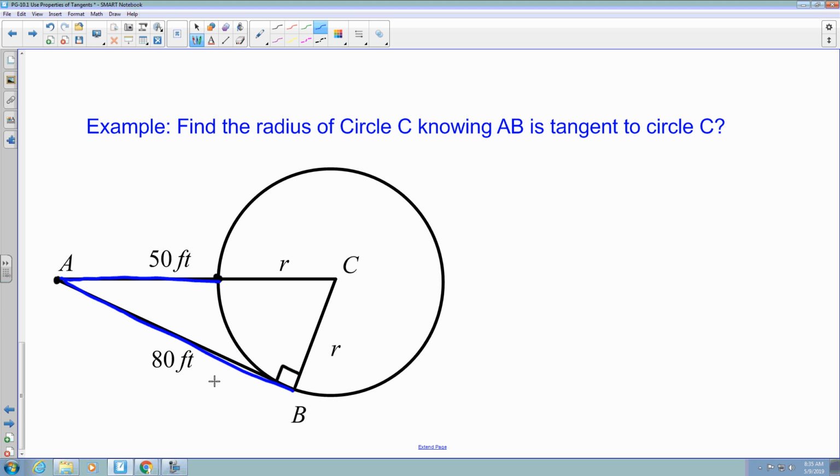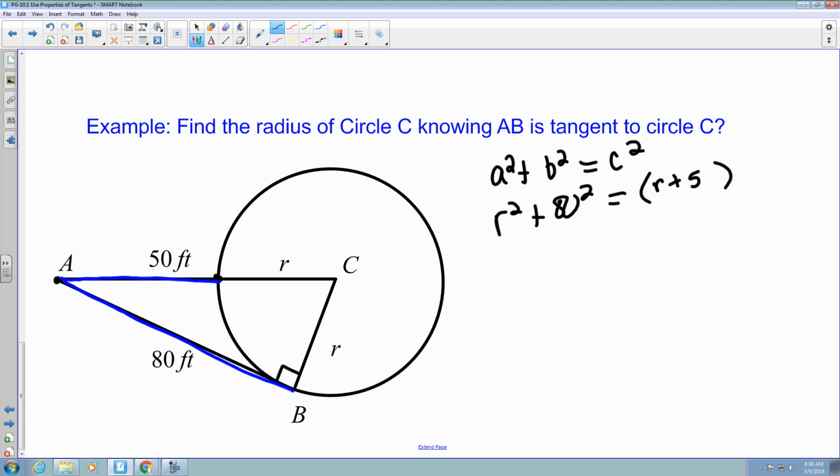So again, implementing the Pythagorean theorem, we could say R squared plus 80 squared is going to be equal to R plus 50 squared.